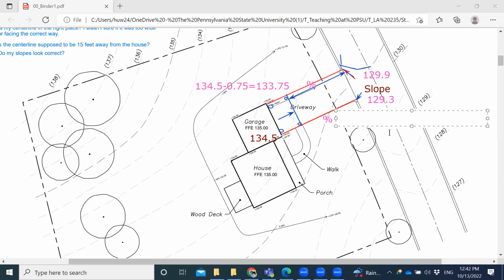So now you need to check if this slope is below 10%. If that is the case, that means your garage FFE works at this point, okay? Once you have the garage FFE, you verify that it works, you would find out where that spot would be, for instance, if your HPS is in this location.